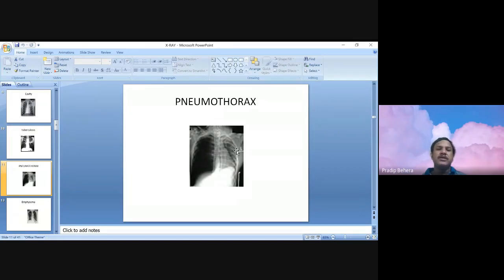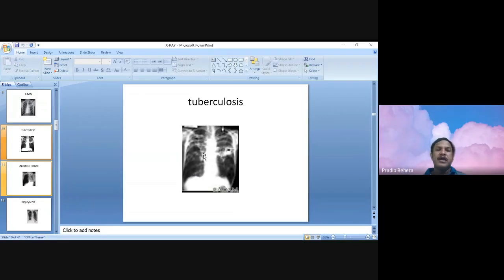The left lung is almost collapsed, compressed, and there is a totally black gas shadow all over the lung field, with an expanded hemithorax. This is a huge pneumothorax.